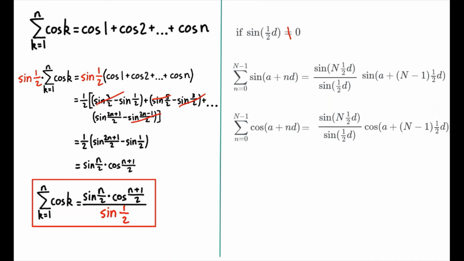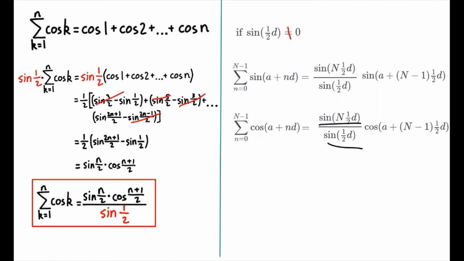If sine 1/2 d is not equal to 0, then for k going from 1 to n minus 1, the sum of sine (a plus kd) is equal to sine (n times 1/2 times d) divided by sine 1/2 d times sine (a plus (n minus 1) times 1/2 d). Also, for the cosine version of it, it's sine (n times 1/2 times d) divided by sine 1/2 d.